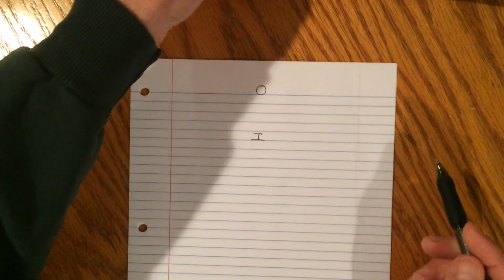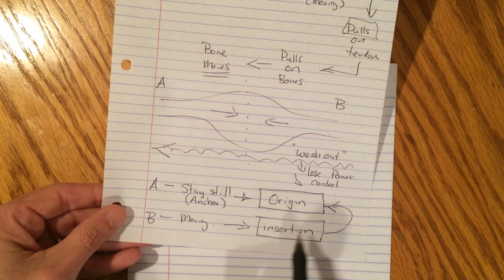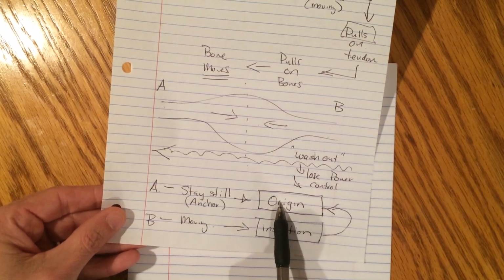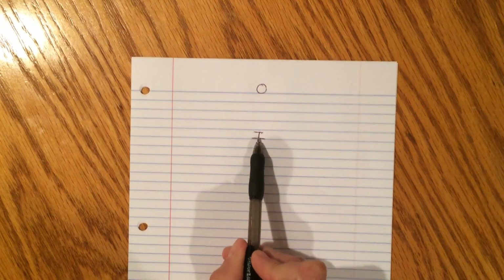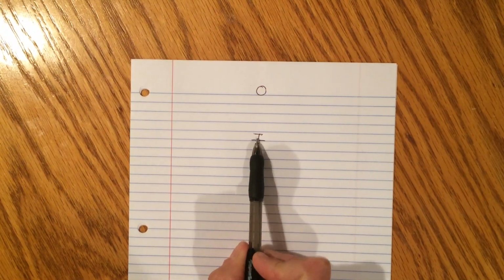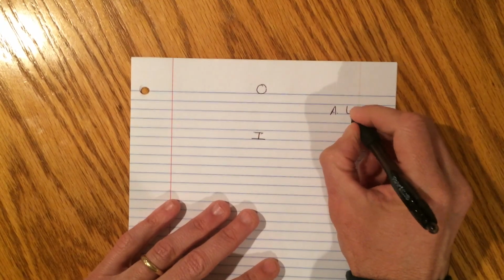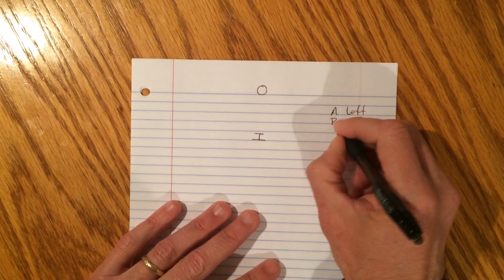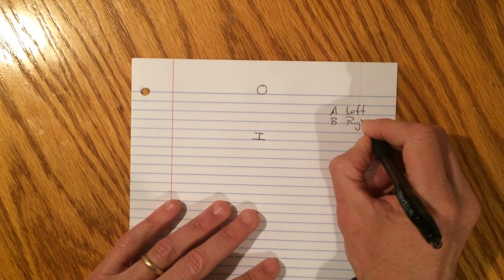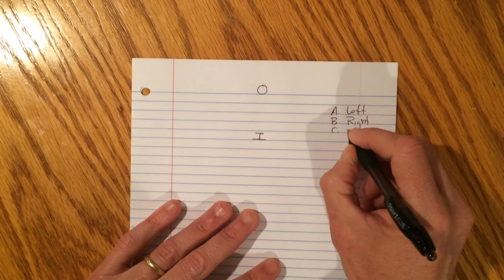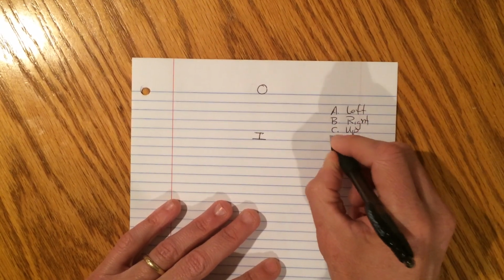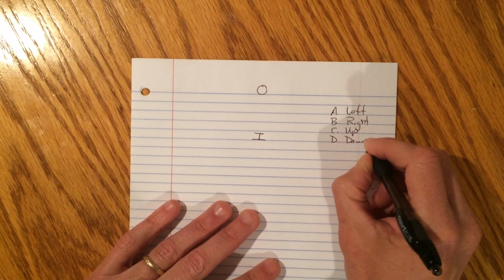So if I look at this concept, where the insertion is moving and the origin stays still and the insertion can only go to the origin, which direction will this insertion move on this paper? And I'll give you some options here. Will it go A, left, B, right, C, up, or D, down?